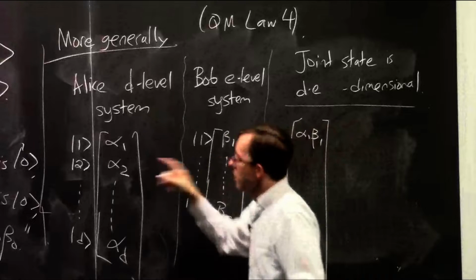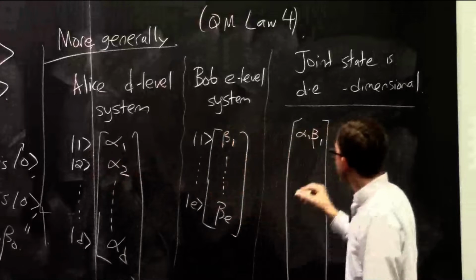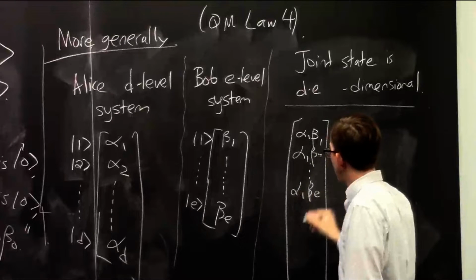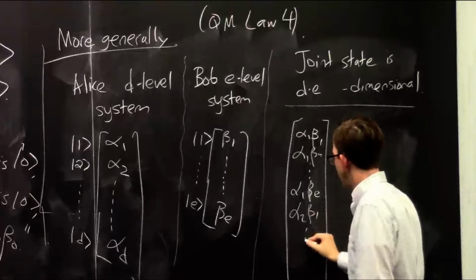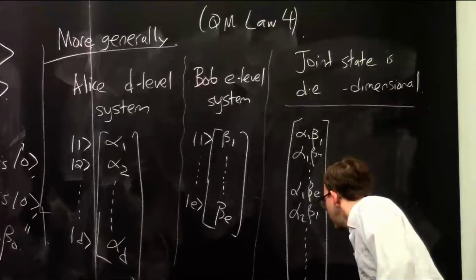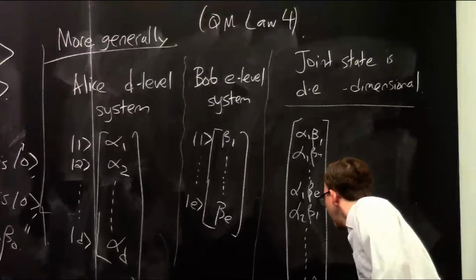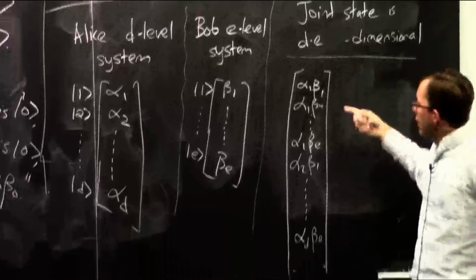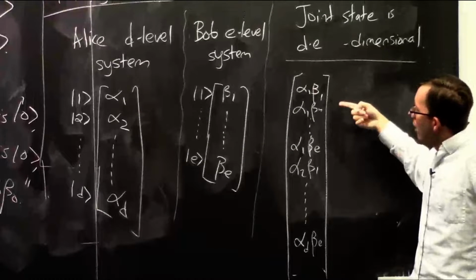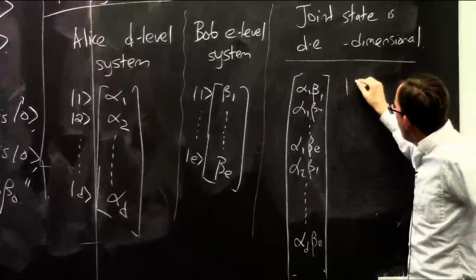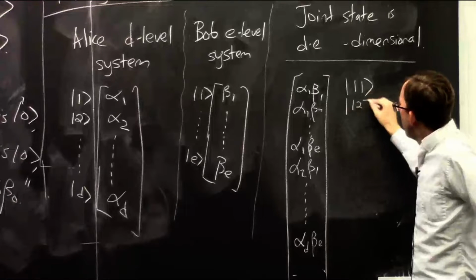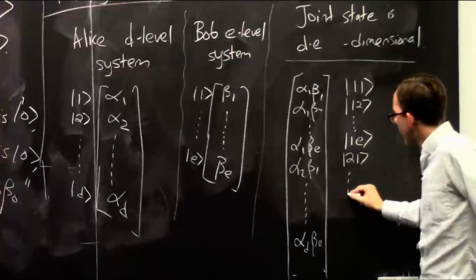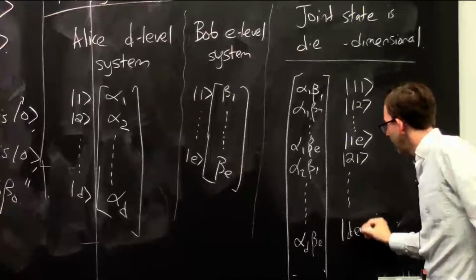And the amplitude of having 1 here and 2 here is alpha 1 beta 2, alpha 2 beta 1, etc., all the way down to alpha d beta E. Okay? This is a d times E dimensional vector, and it's traditional to call the basis states 1, 1, 1, 2, 1, E, 2, 1, etc., all the way down to d, E.